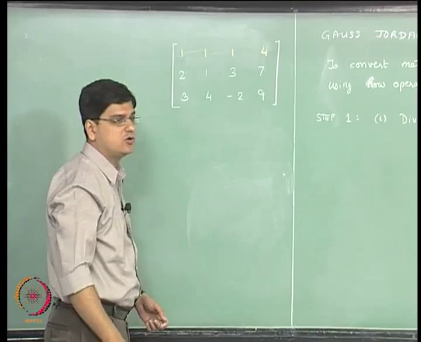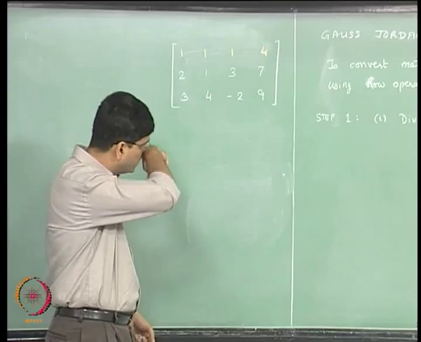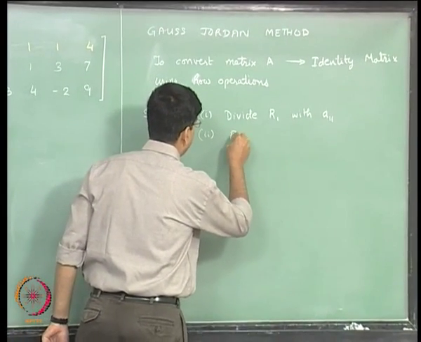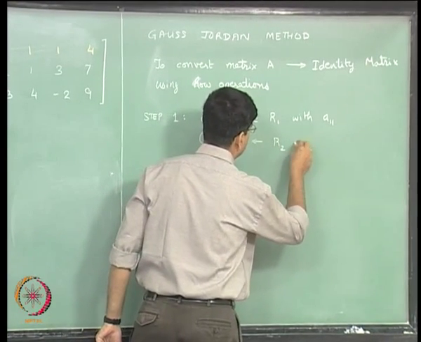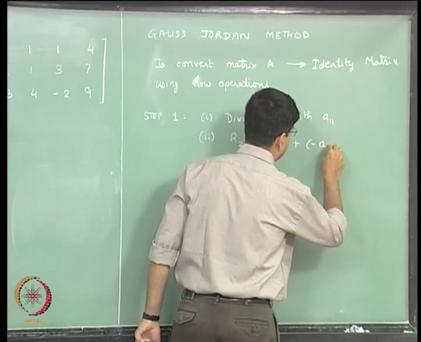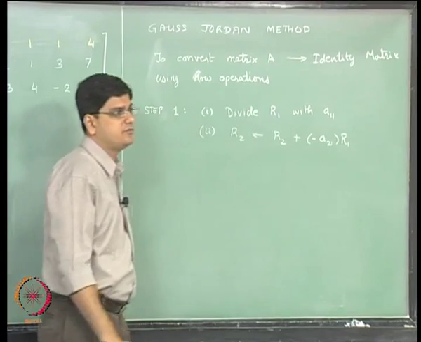I have changed it to yellow color because we have done the row operation on that particular row also. And then we will have R2 as R2 plus minus A21 multiplied by R1.